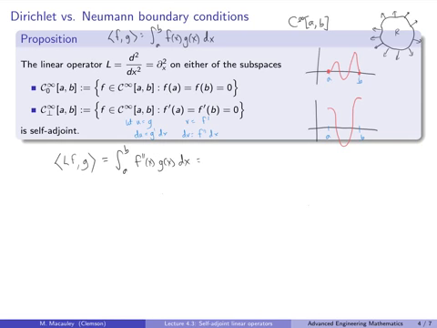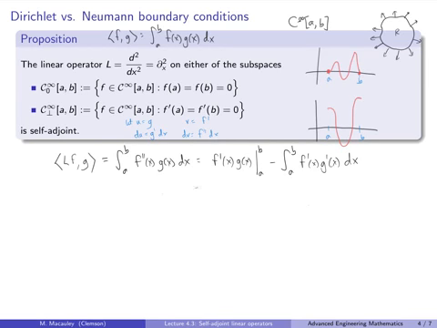Integrating by parts, we get u times v, so that's f prime of x, g of x, evaluated from x equals a to x equals b, then minus the integral from a to b of v du. So that's f prime of x, g prime of x, dx.